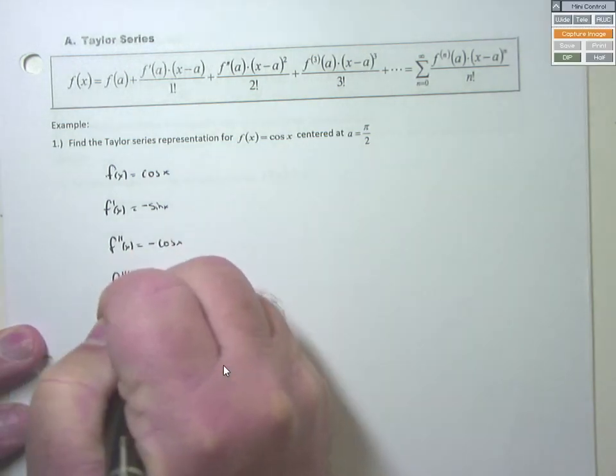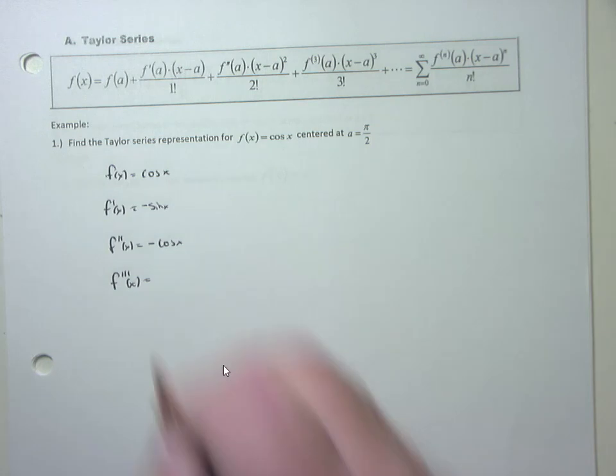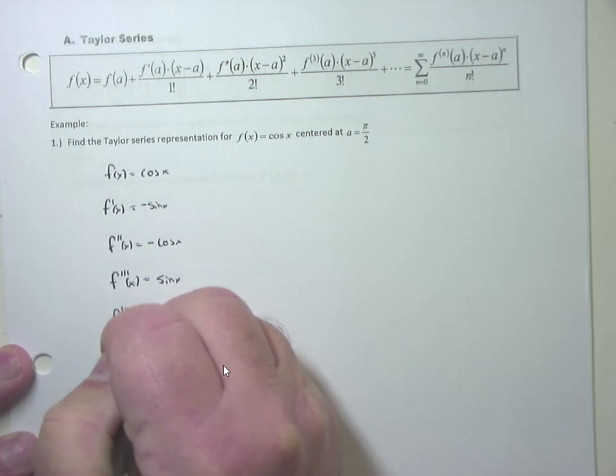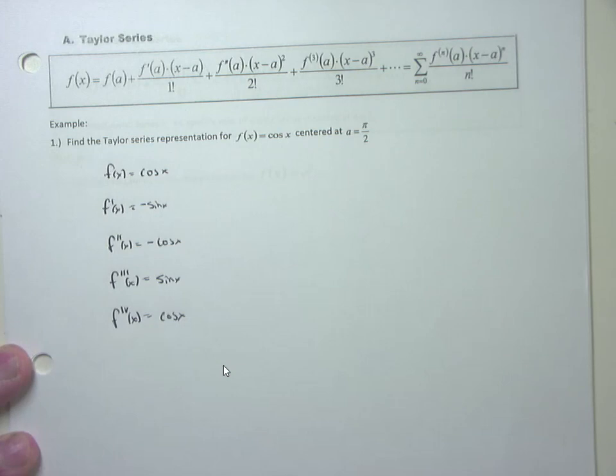What is your third derivative? What is the derivative of negative cosine of x? Well, derivative of cosine of x is negative sine of x, but negative that makes it back to positive sine of x. What is your fourth derivative? Derivative of sine of x is cosine of x. But you're going to evaluate these derivatives at the point a.